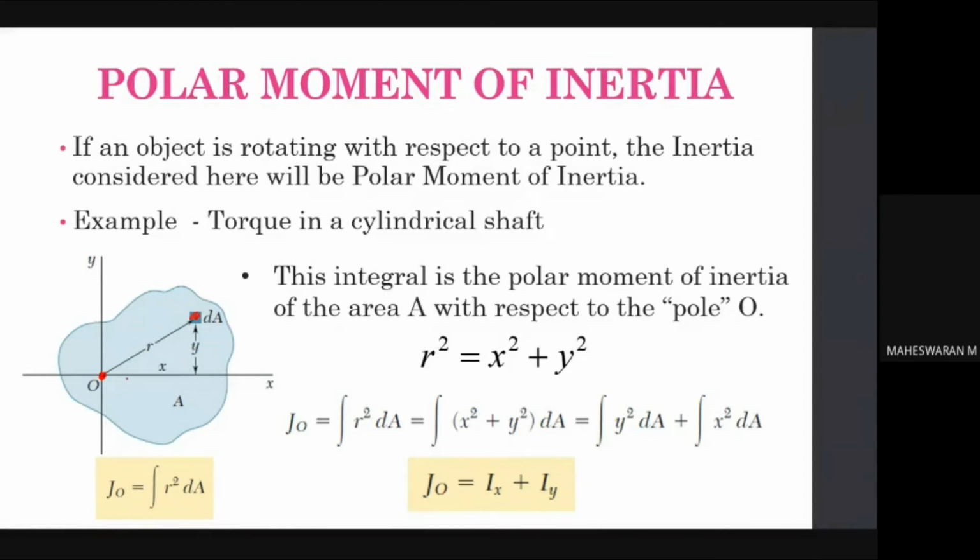You can see that your R is about the z-axis. So the moment of inertia with respect to z-axis is nothing but the addition of the moment of inertia with respect to x-axis and with respect to y-axis.